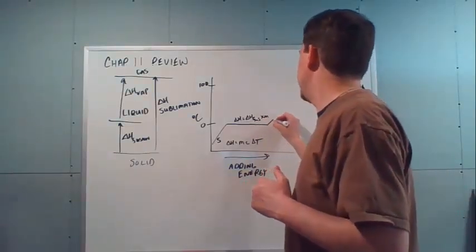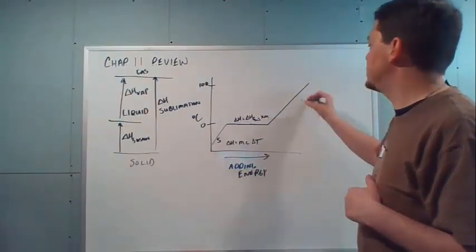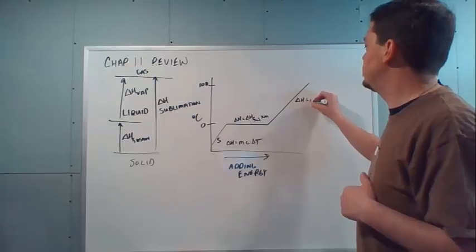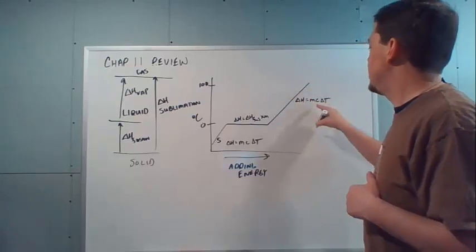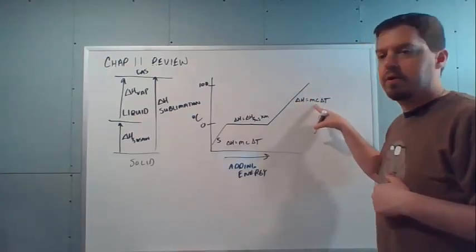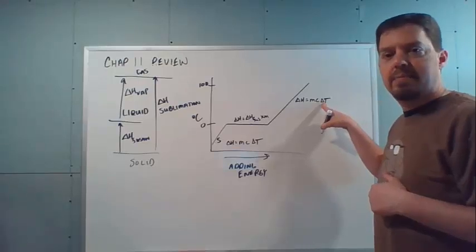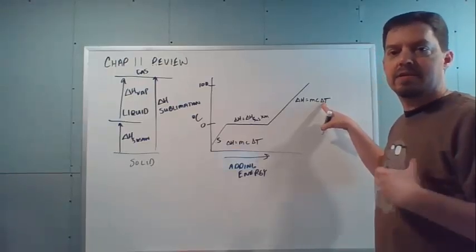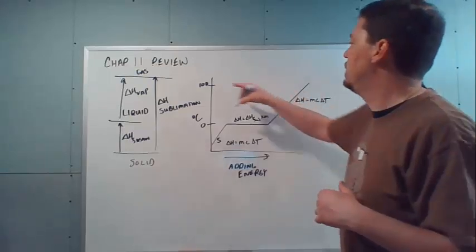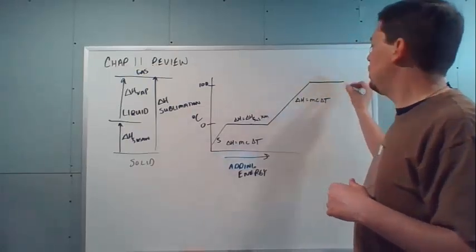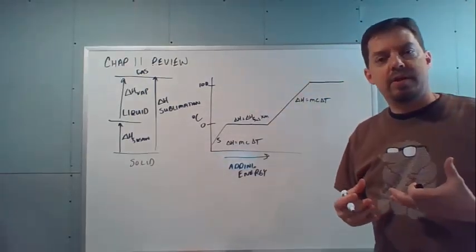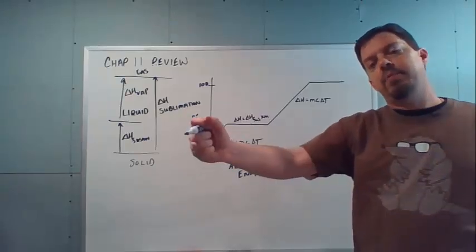Once it's completely melted, then the temperature is free to change again, and then we're going to do MC delta T again. Now we're going to use the specific heat of water, and now that energy is going into making our particles move faster because we're having a temperature change again. When we reach the boiling point, though, again, we're overcoming those intermolecular forces. We're separating the particles from each other.